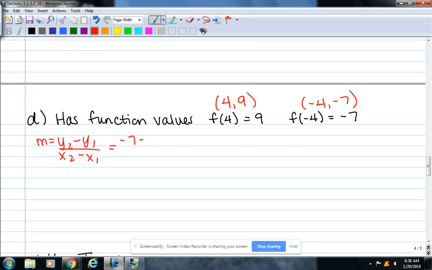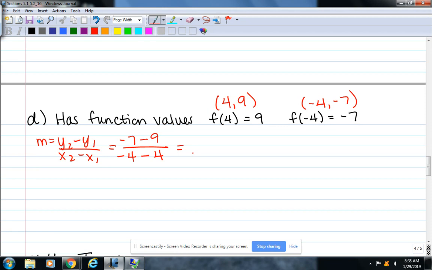Negative 7 minus what is y1? 9 over what is x2? Negative 4 minus what is x1? 4. If you can't get that on your own, label it.